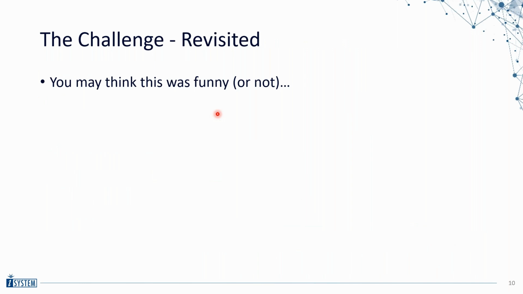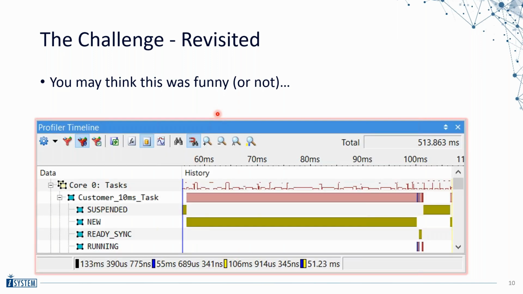So now, you may or may not think this was funny, but you may be wondering why this is important for embedded systems. And the thing is, this type of behavior that you can observe on your desktop computer can also happen in embedded applications. So what we can see here is a screenshot from WinIDEA. This is the so-called profiler timeline, and it shows us what tasks our application is executing over time.